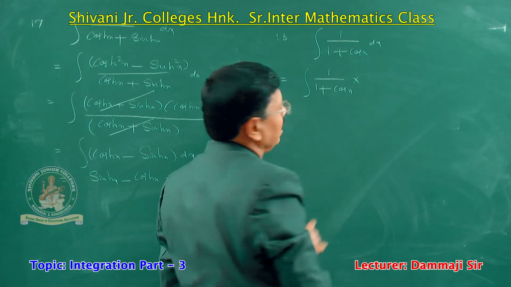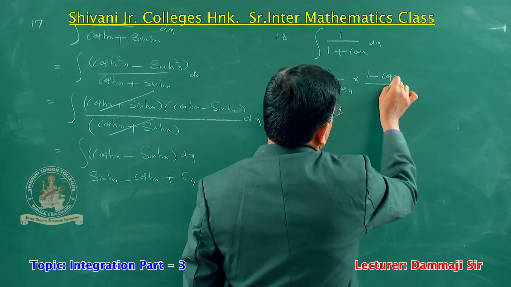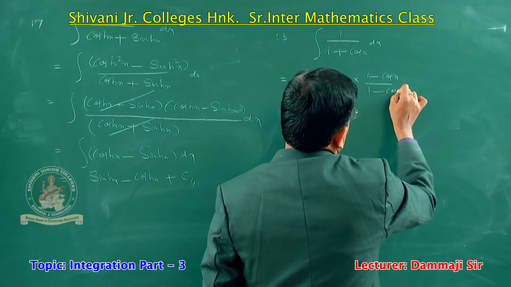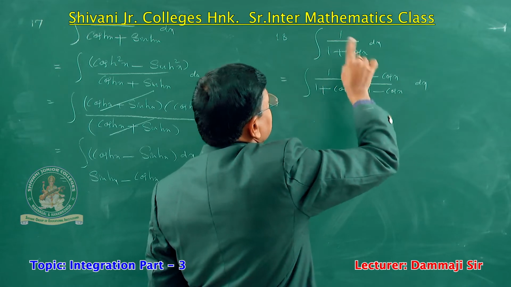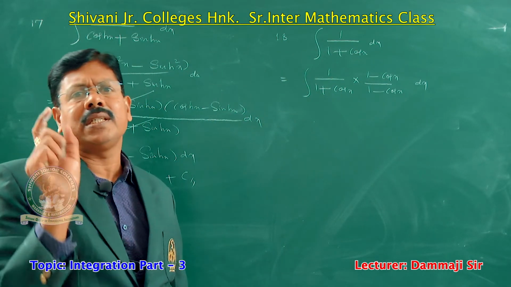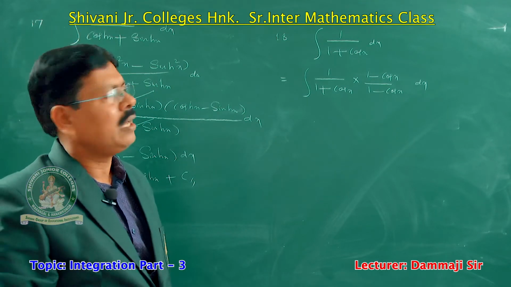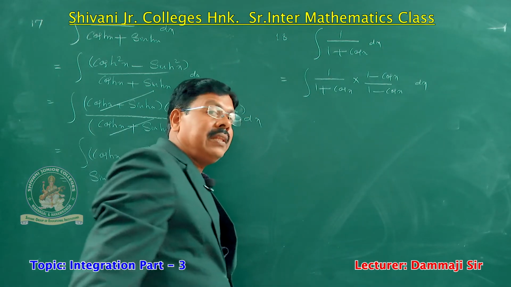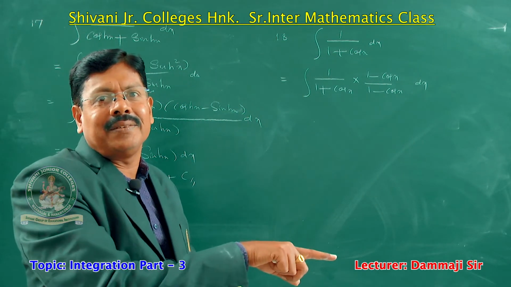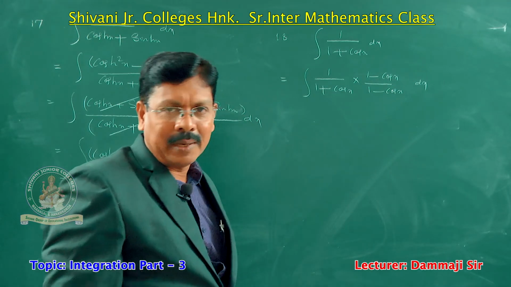Simply remember it's rationalization: multiplying and dividing with 1 minus cos. In case 1 by 1 plus sin is given, the same process, multiplying and dividing with 1 minus sin only. Are you clear? In case 1 by 1 minus cos is given, it's rationalization, multiplying and dividing with 1 plus cos by 1 plus cos.